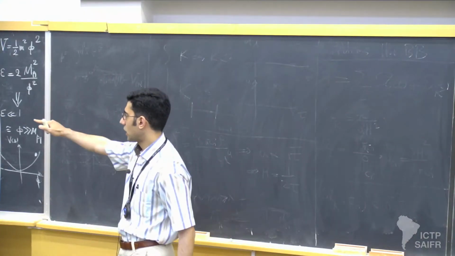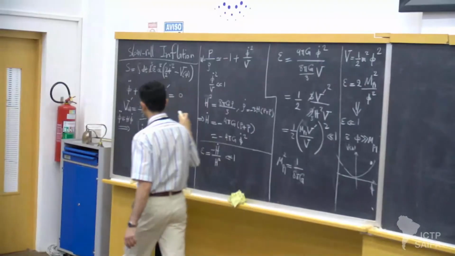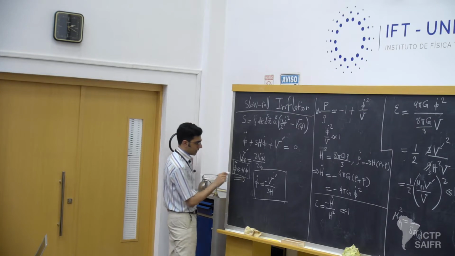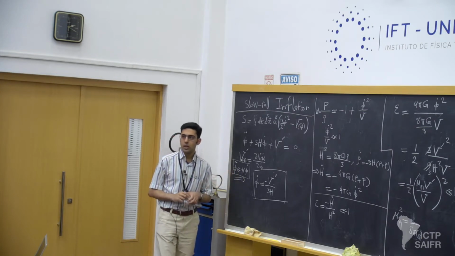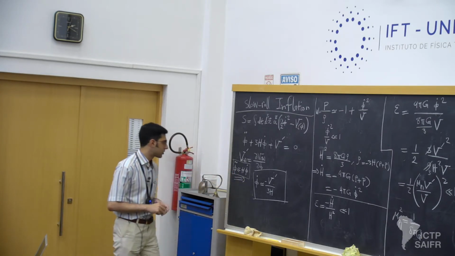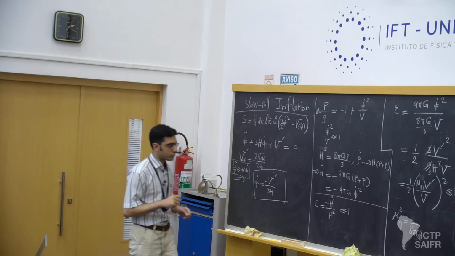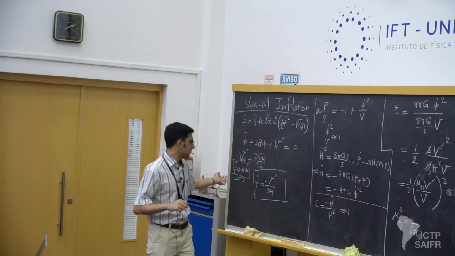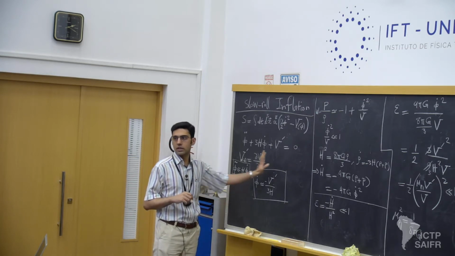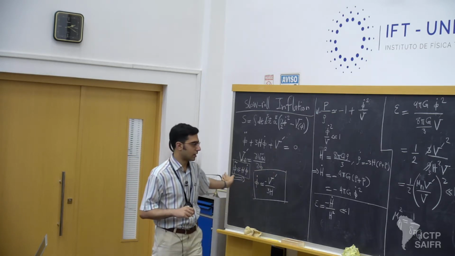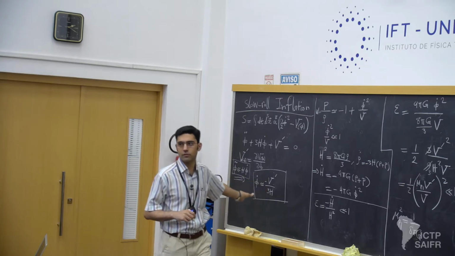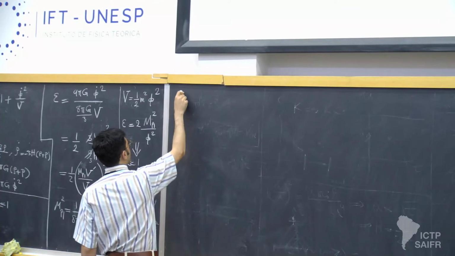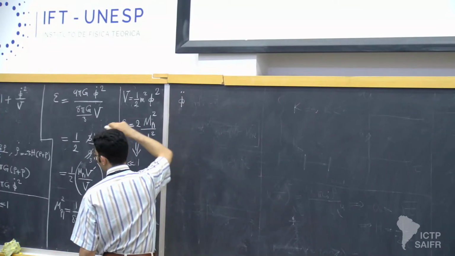However, I have to check another assumption that we made. We made this assumption that phi double dot is much less than H phi dot. So a consistency check of all of this discussion is that on this solution that I have found, this condition is satisfied. So let us evaluate phi double dot on this solution.